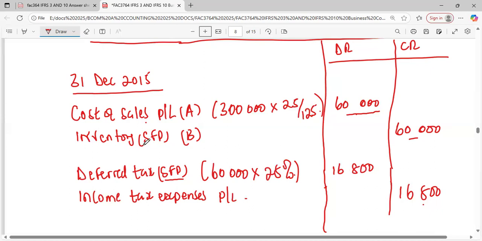Then you go to your statement of financial position and reduce the inventory value by 60,000. You go to your consolidated statement of profit and loss and increase your cost of sale by 60,000. That is now when you are doing your consolidation.